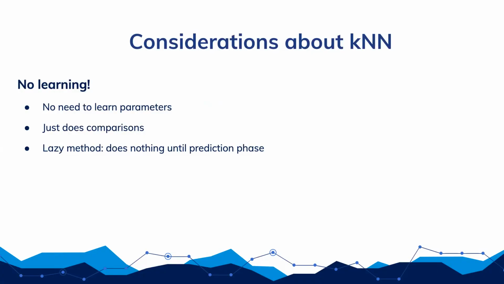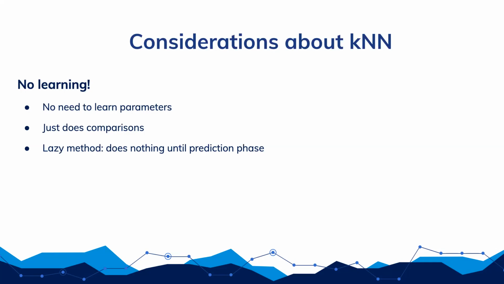Then the second consideration: we're not doing any learning here. You remember in linear regression, we were interested in learning those coefficients, right? And then based on the coefficients that we would learn on a data set, we would try to apply that model on unseen data. It's as if somebody was learning from the first data set and applying that knowledge to new predictions, right?